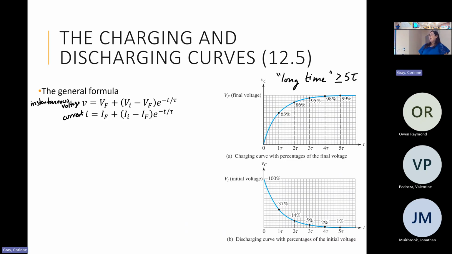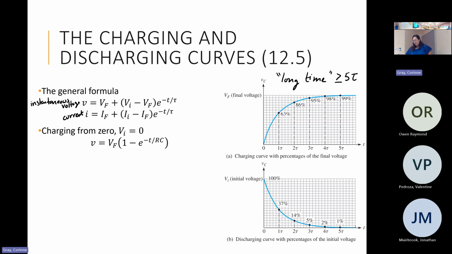If we wanted to do the current, we would need to utilize Ohm's law to find that initial current. And that final current value should be 0 for both terms.